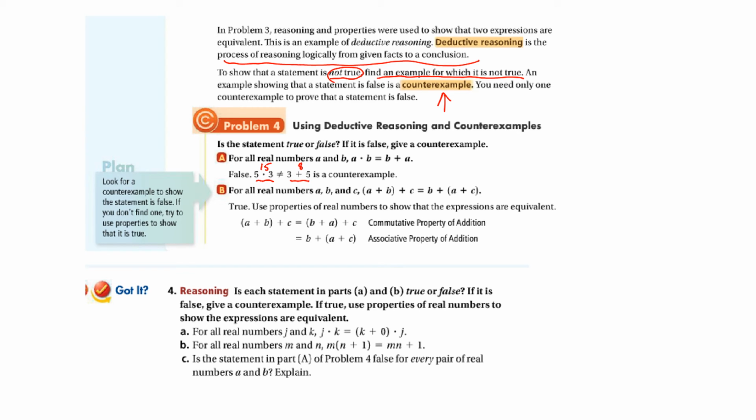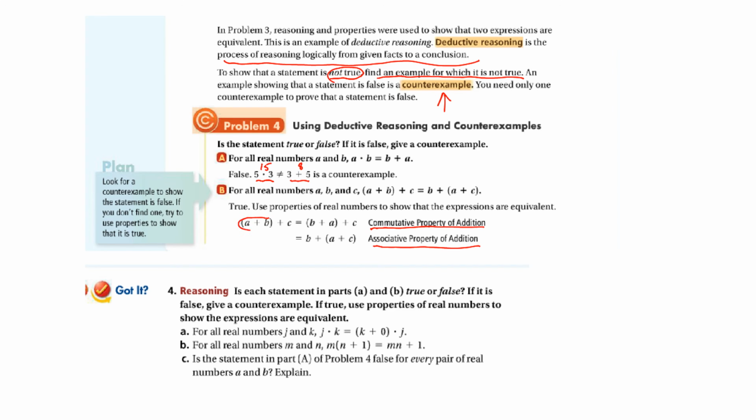Example B says for all real numbers A, B, and C, the quantity A plus B plus C equals B plus the quantity A plus C. We can simplify that statement using our commutative property of addition, changing the order, and then our associative property of addition.